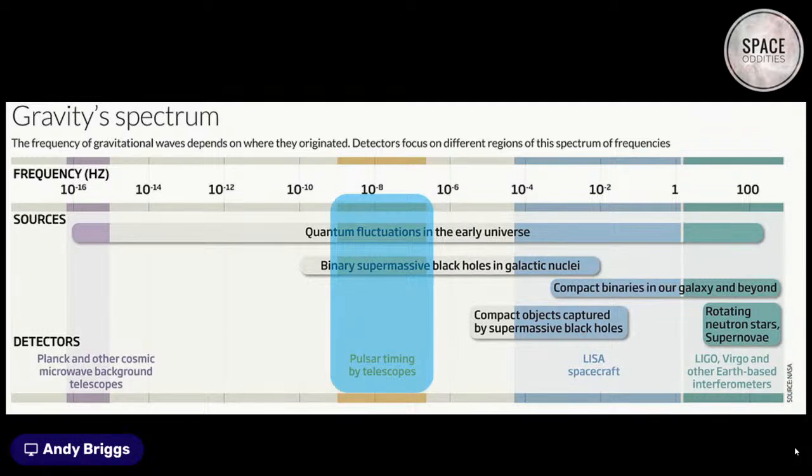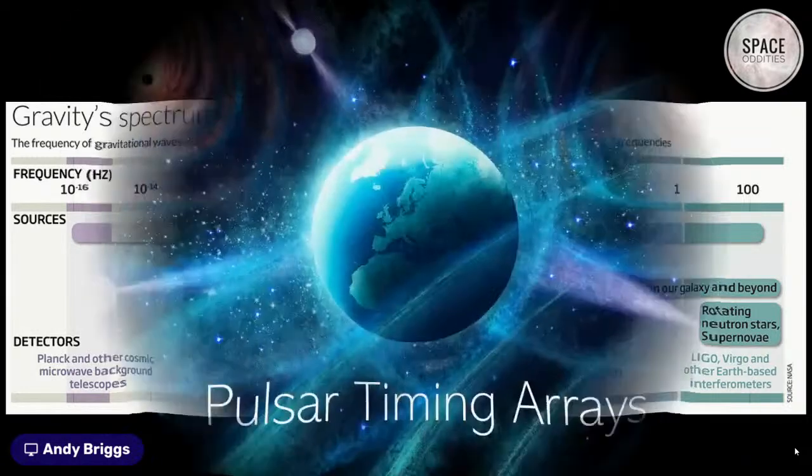These are much longer wavelength events. It's reckoned that some of these wavelengths could be light years long. And to detect these, one way of doing it is to use pulsars.